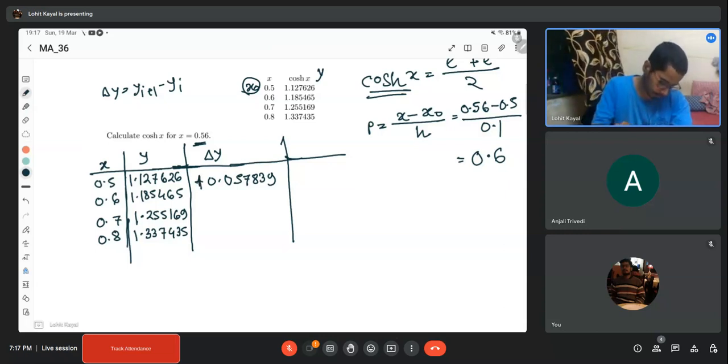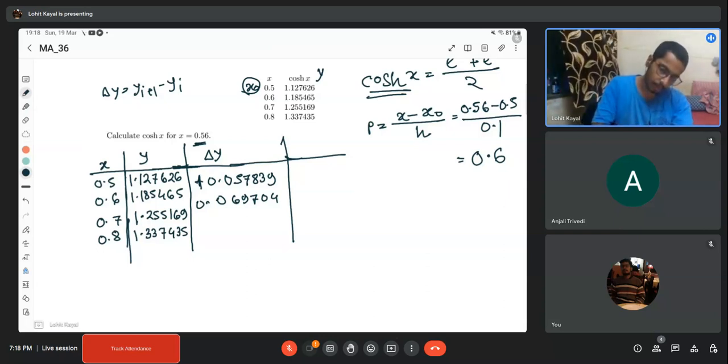Second term will be 1.255169 minus 1.185465. So this will be 0.069704, and between 0.8 and 0.7 this term will be 1.337435 minus 1.255169.